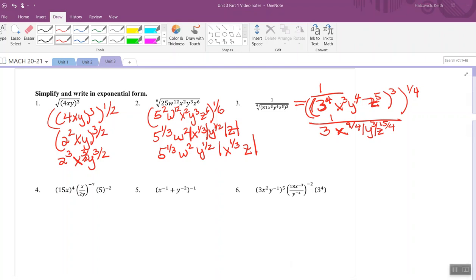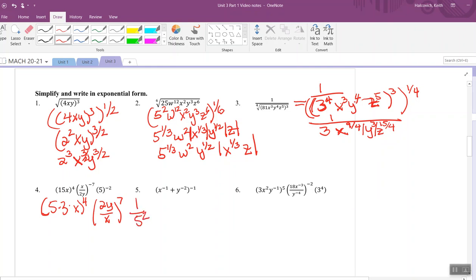All right, the next one, number 4, we have 15 is 5 times 3 times x to the 4th. And then we have the -7th, we could make that 2y over x to the 7th, and then we could make this 1 over 5 squared.